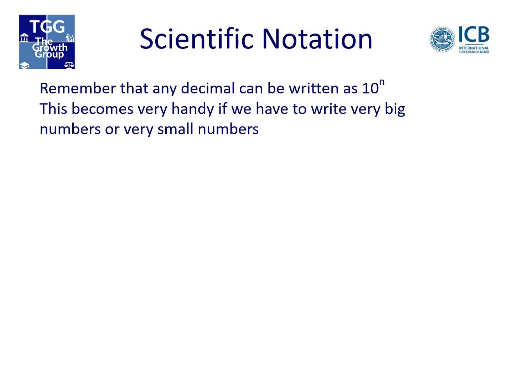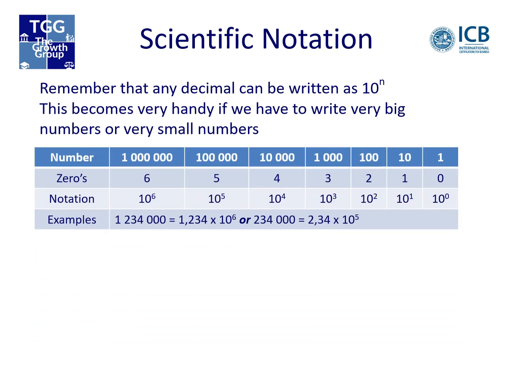And with that, we come to the last slide in this presentation, and that is on scientific notation. We already referred to it in a previous slide, but remember that any decimal can be written as a number times 10 to the power n. And this becomes very handy when we have to write very big numbers.